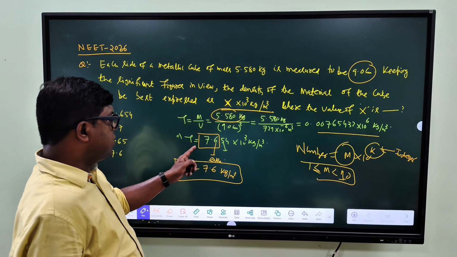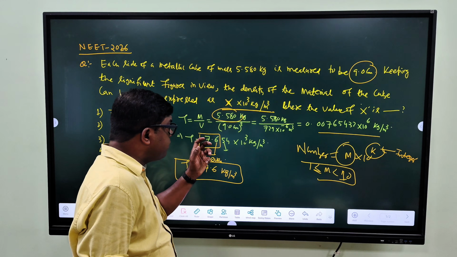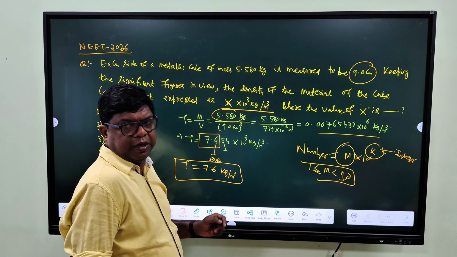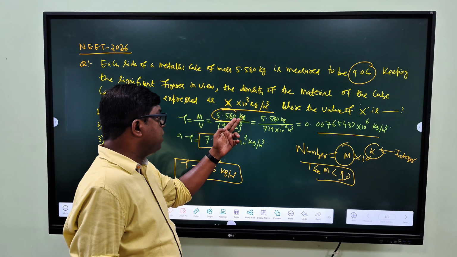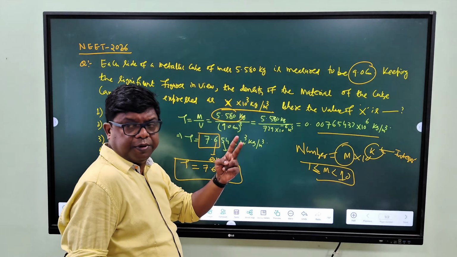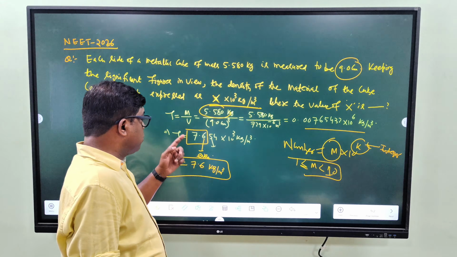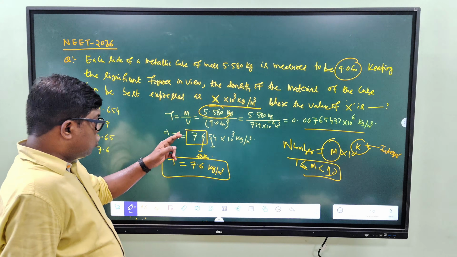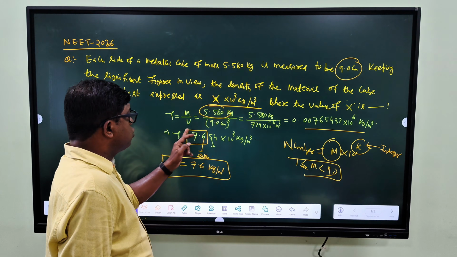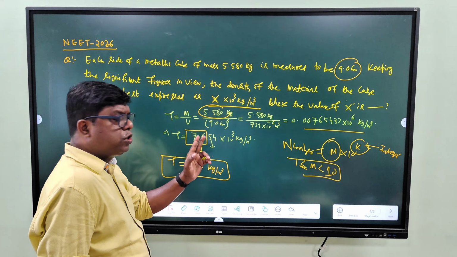So in this case, we have to express in terms of 2 significant digits. This is 4 significant digits on the numerator, denominator is 2 significant digits. So answer should be expressed in terms of 2 significant digits. So in this case, 7.6.